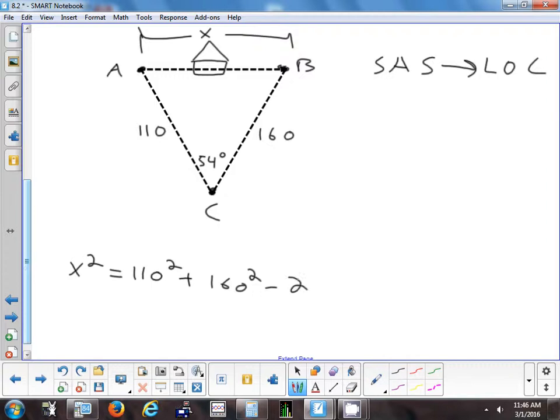Yep, minus twice the product of the other 2 sides, times what? Cosine of the angle between the sides. Cosine 54.